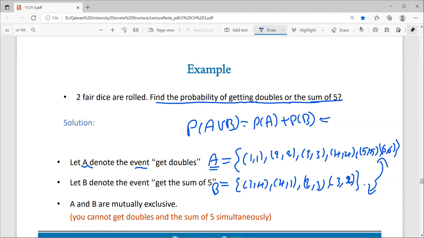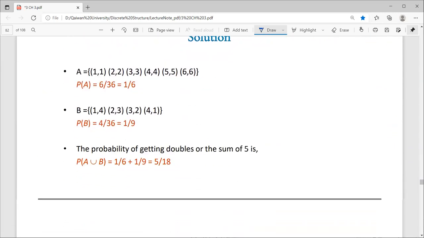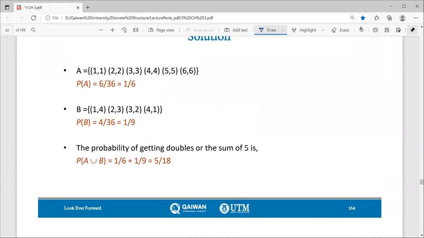That's the probability of A. Plus, the probability of B is 4 over 36. That's 10 over 36, which is 5 over 18. For 10 over 36, you can divide both numerator and denominator by 2, and you get 5 over 18.